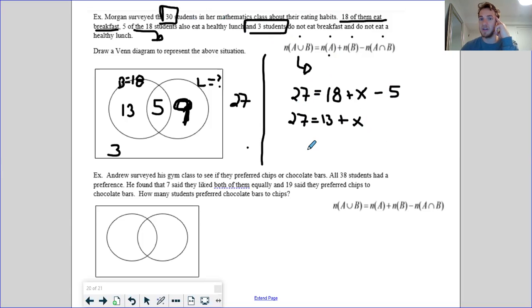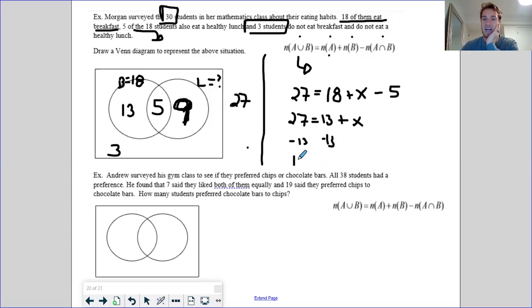A plus B, 18 minus 5, 27, minus 13 on both sides. Okay, that makes sense.